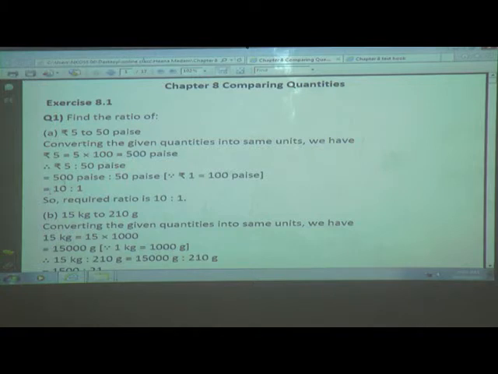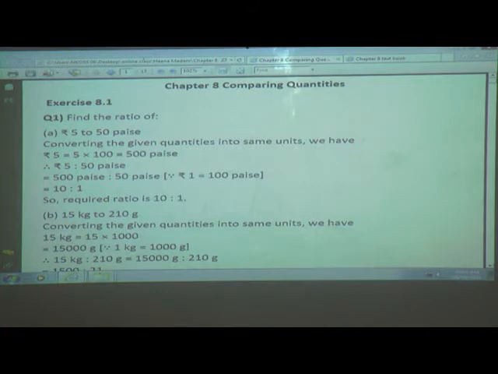We can write it in fraction form, and after the reduction of 500 upon 50 we get 10 upon 1, which is written in ratio as 10 is to 1. So the required ratio is 10 is to 1.